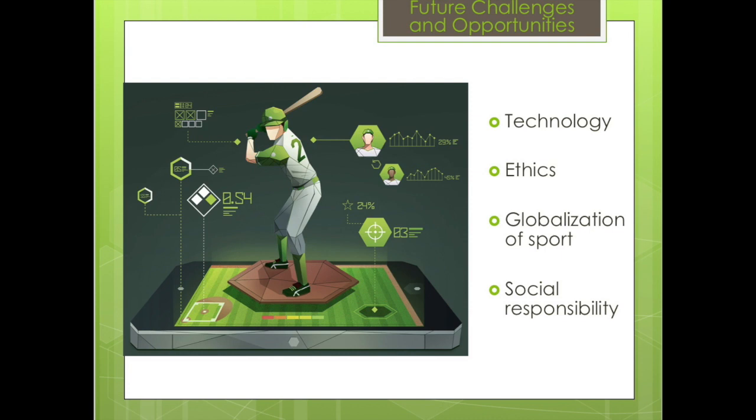Ethics is the next one, and we will actually jump right in on Thursday to start talking about ethics within the sport umbrella. So really, there's lots of opportunities here. There's a lot of exciting things happening globally, but also specific to sport in terms of ethics and, as we mentioned earlier, social consciousness.